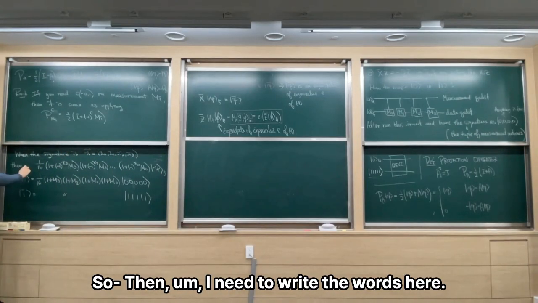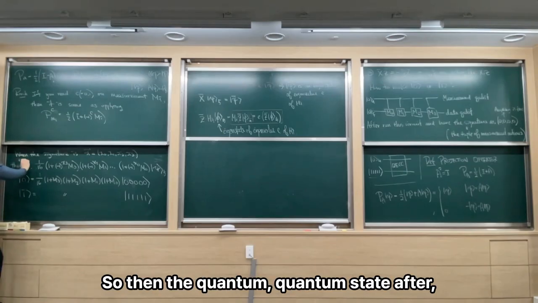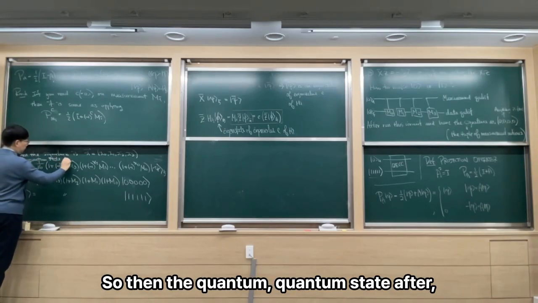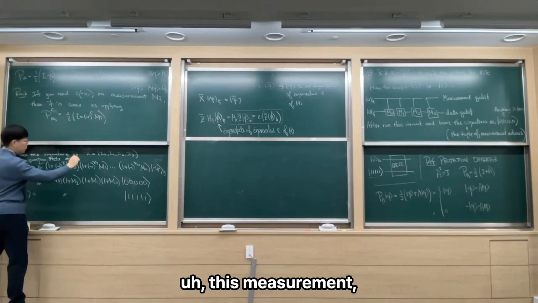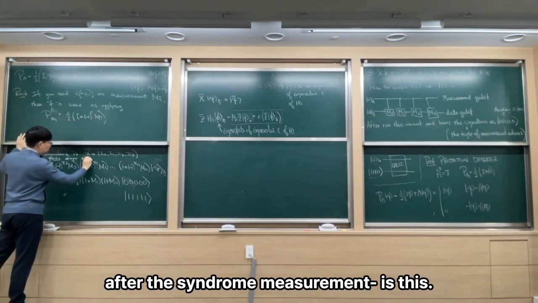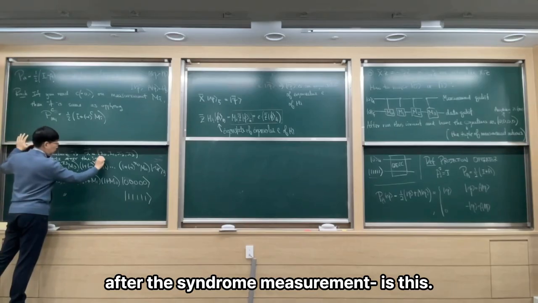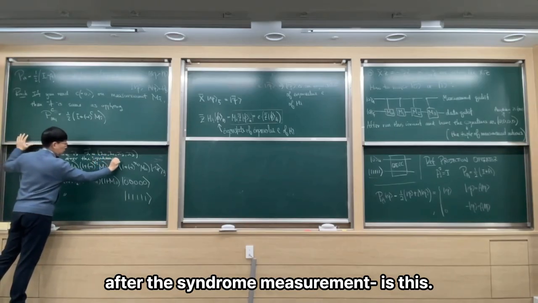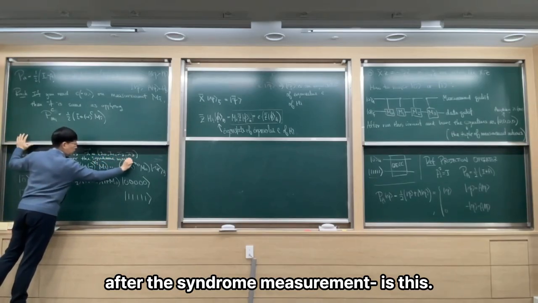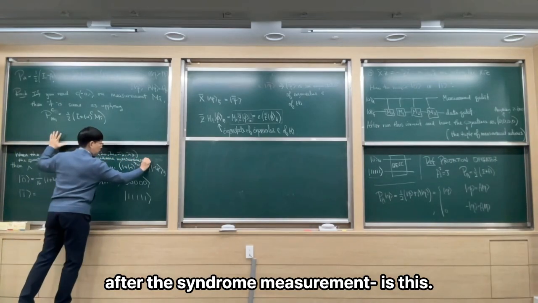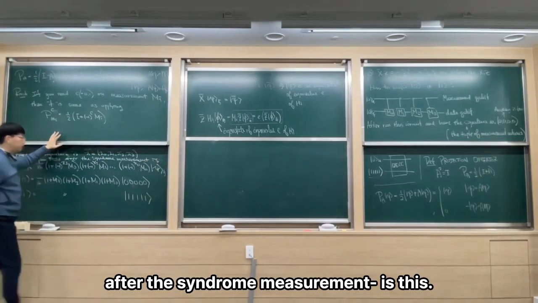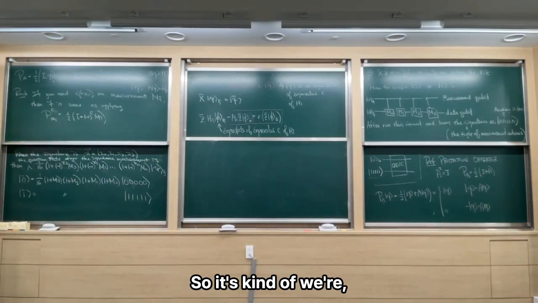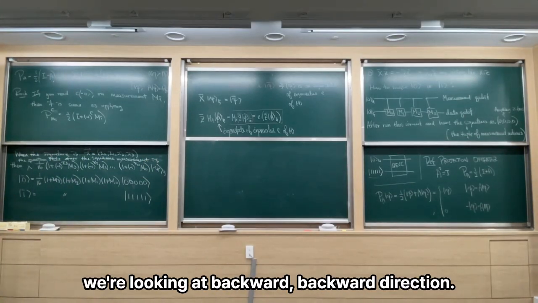So then the quantum state after this measurement, after the syndrome measurement, is this. We're looking at it in the backward direction.